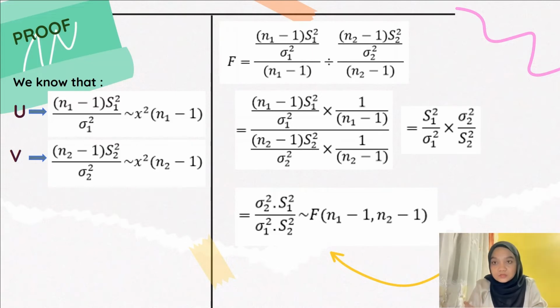We substitute this into the F formula and simplify until we get variance 2 times sample variance 1 over variance 1 times sample variance 2, which follows the F distribution with n1 minus 1 and n2 minus 1 degrees of freedom. That's all from me, and this presentation will be continued by Fatihah.